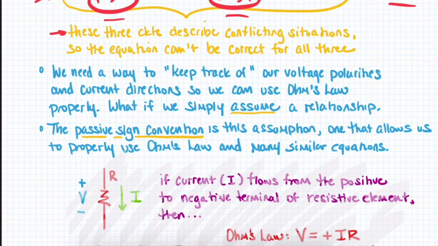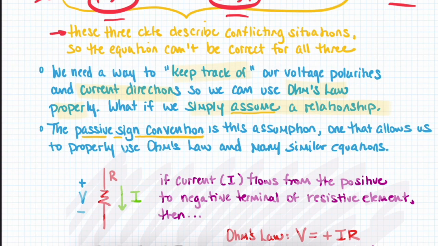So we need a way to keep track of our voltage polarities and current directions so we can use Ohm's law properly. What if we simply assume a relationship? Now, this is not just any assumption. It's an assumption we'll see that allows us to use V equals IR without inserting any additional negative signs.